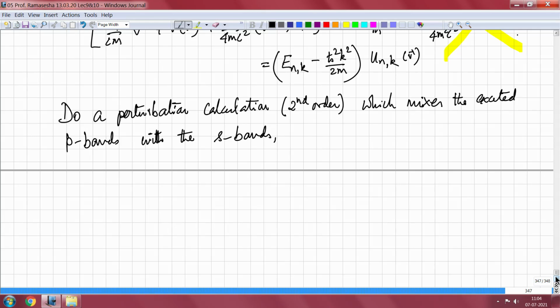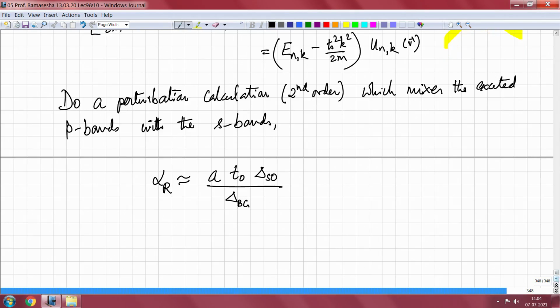So what one gets is that the Rashba constant alpha R turns out to be equal to a times T naught times delta SO divided by delta BG. Okay, now let me tell you what these things are actually.